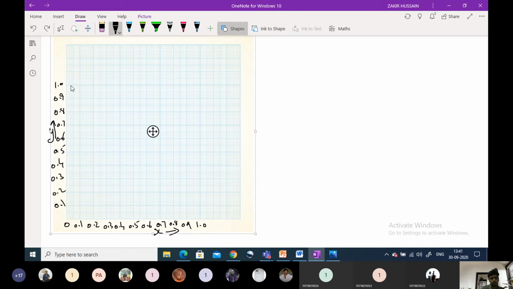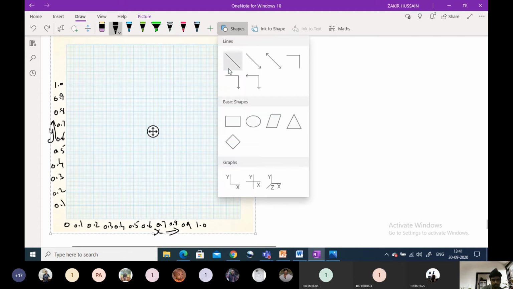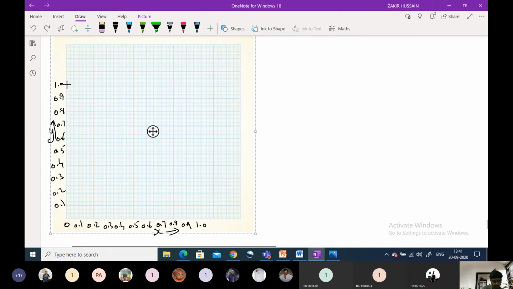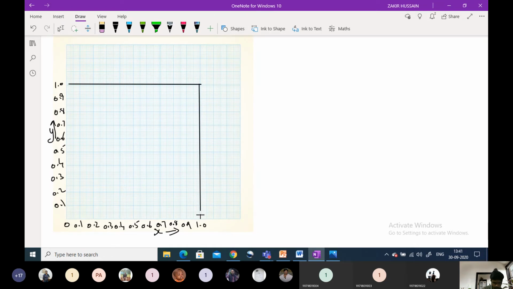So we have to just connect those lines with a straight line. First, a square box we should form. This one is a 45 degree diagonal line, and it looks like that because it's a square box.